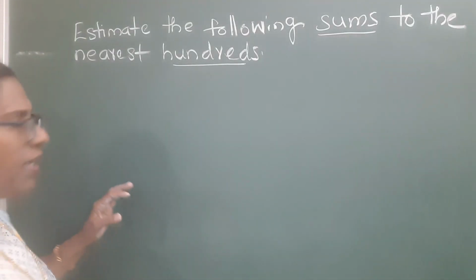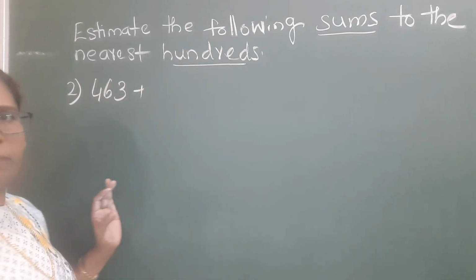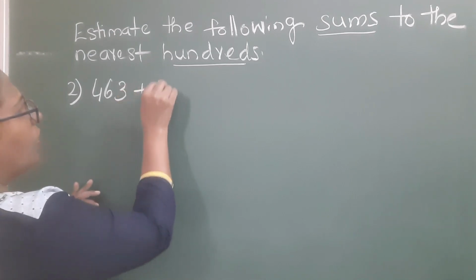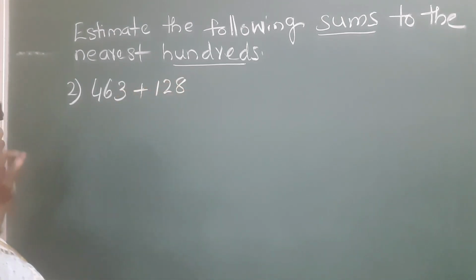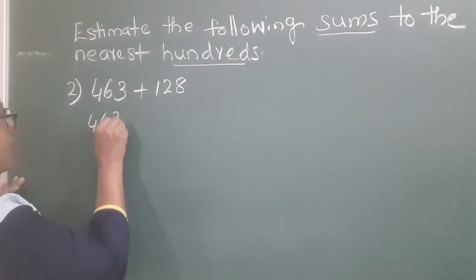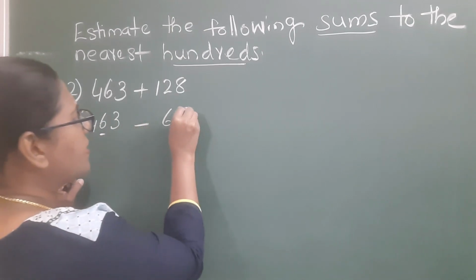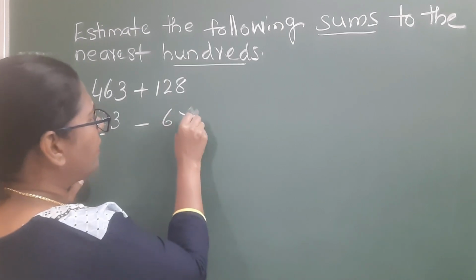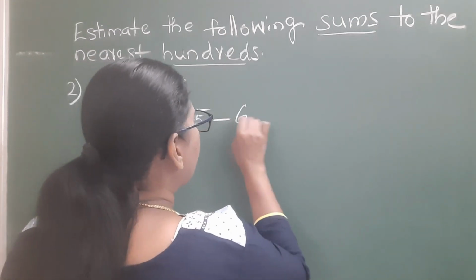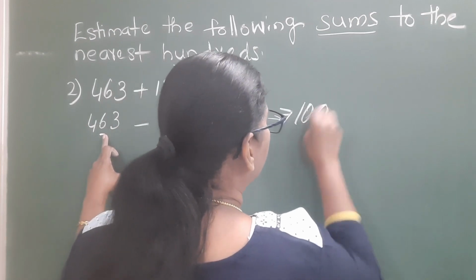Next one, 463 plus 128. Again, remember the scale. First we will do 463. In 463, 6 is in tens place. So 6 is greater than 5. So 63 rounds off to 100.